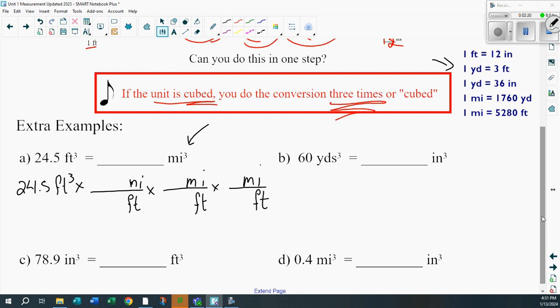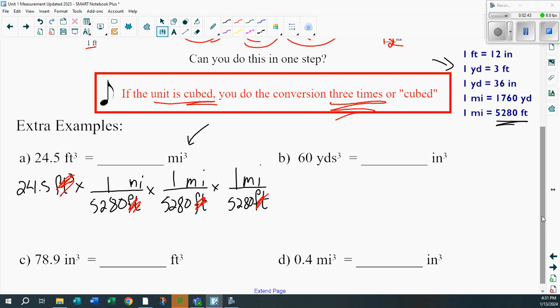Oh, this is going to be huge. 5280. Oh my goodness, 5280, you're going to divide it once, 5280 divided twice, and 5280 divided 3 times. Right? Because feet twice, 3 times has to cancel the feet cubed.